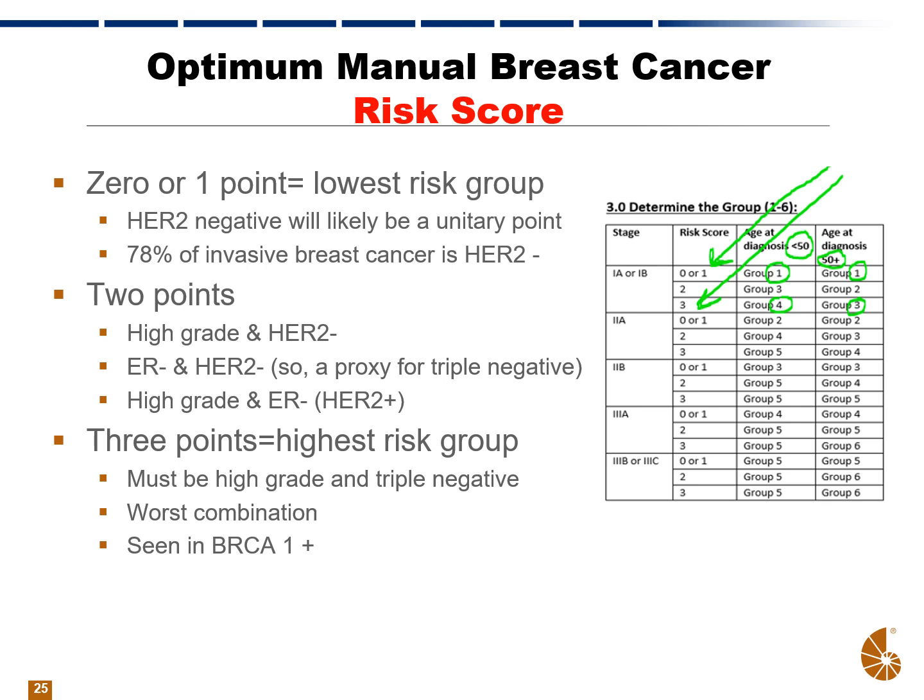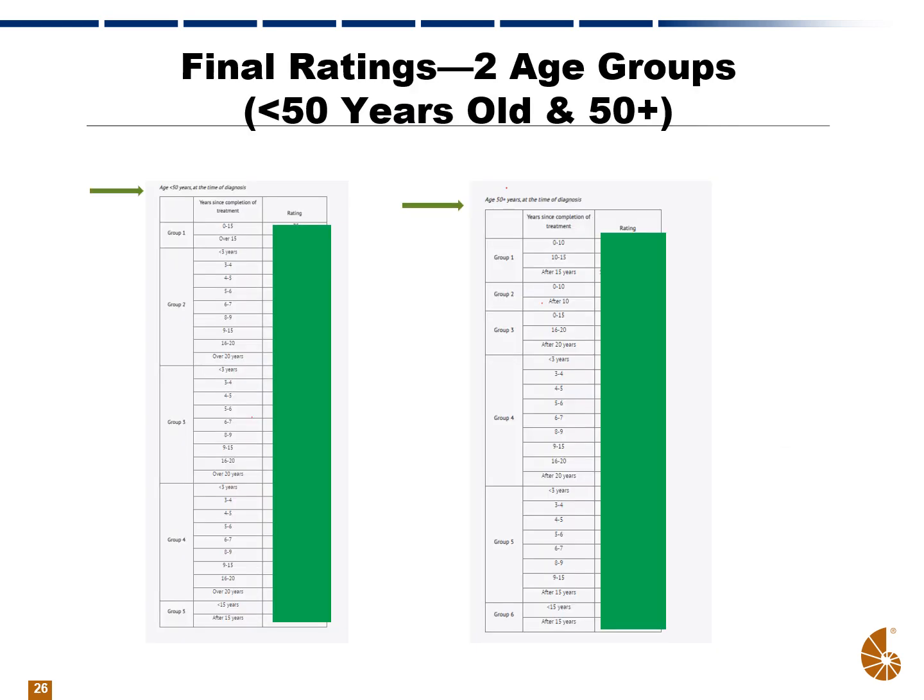So 0 to 1 point is our lowest risk group. 2 points would be higher, in a higher prognostic group, and then 3 points is the highest risk group and would offer the highest rating, if we could even consider that person with that higher risk group. And so our ratings are stacked based on these findings.